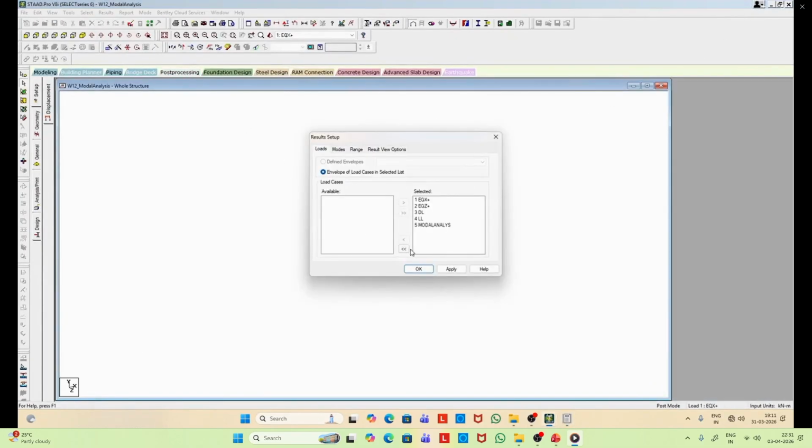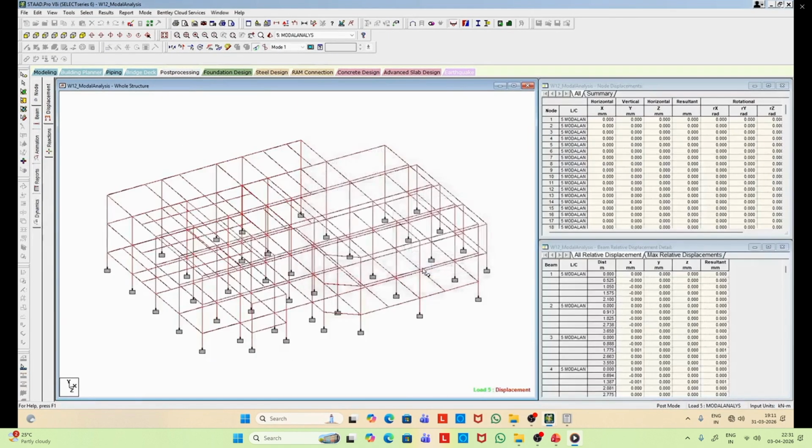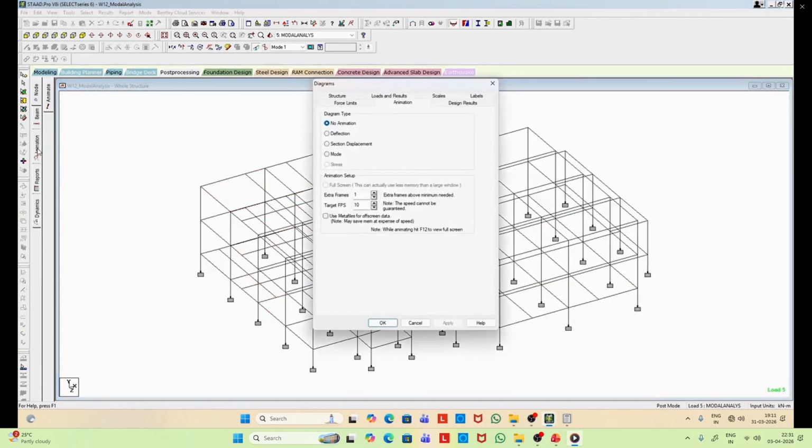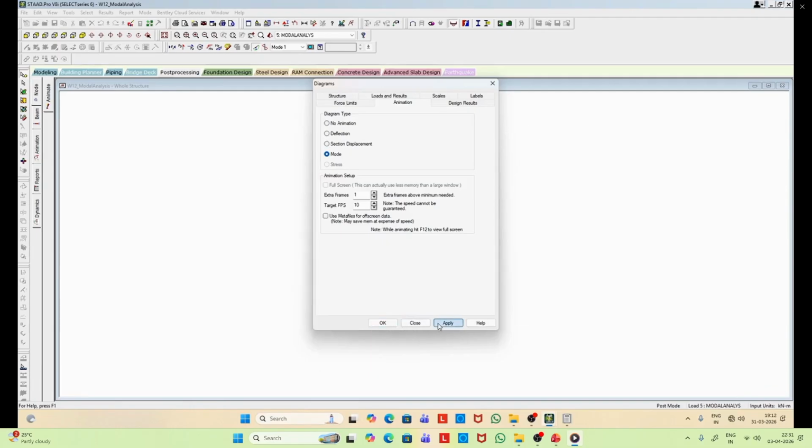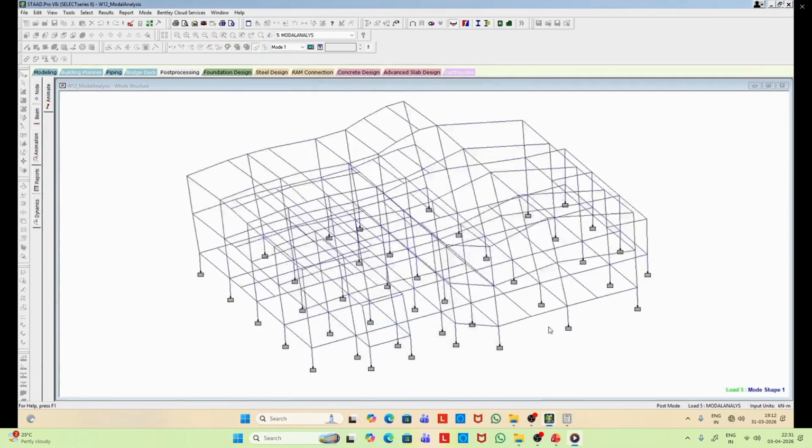And then in the post processing we can actually see the results, right? Now normally we go up to 90 to 95% of the modal mass. So accordingly you can increase the number of frequencies and check whether you have an adequate amount of modal mass in your analysis.